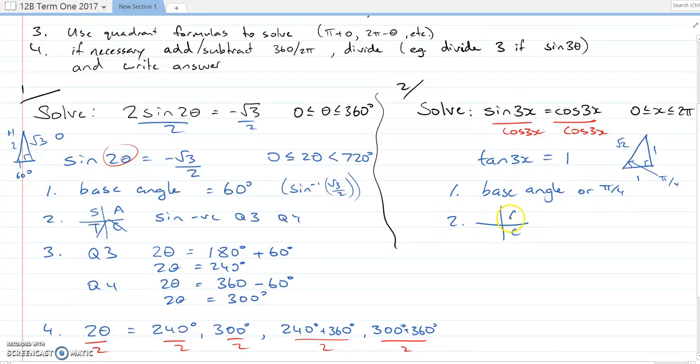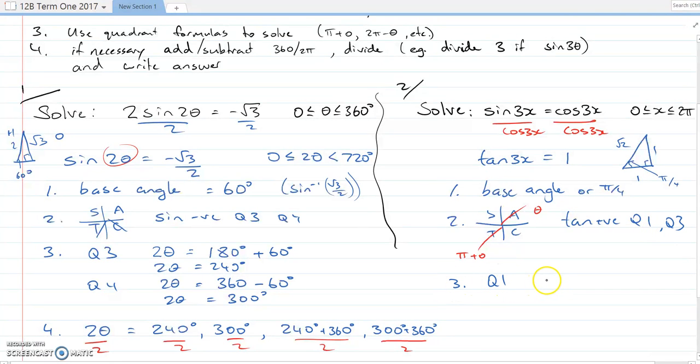Tan positive, CAST, it's positive here and here. So this is theta, this is pi plus theta. We are in radians, so we can use pi. That's it, so we write that tan positive, quadrant 1, quadrant 3.